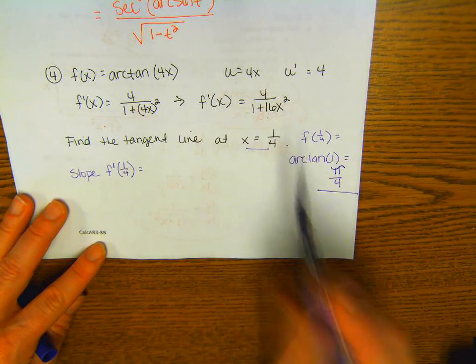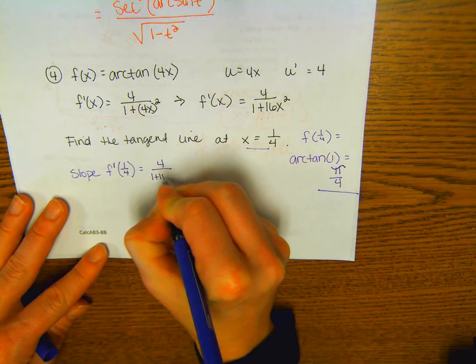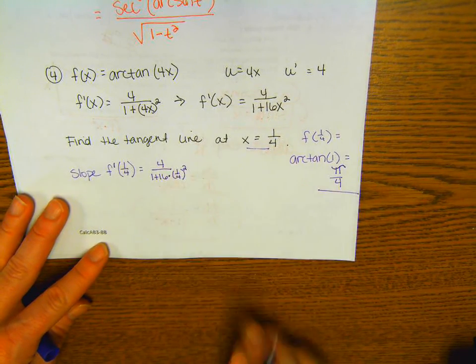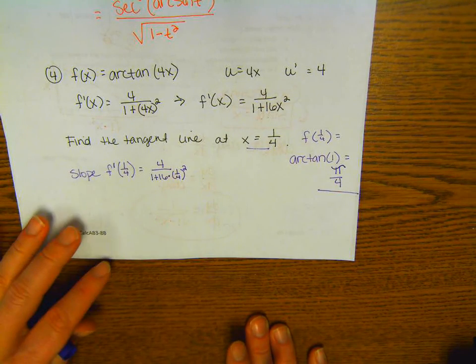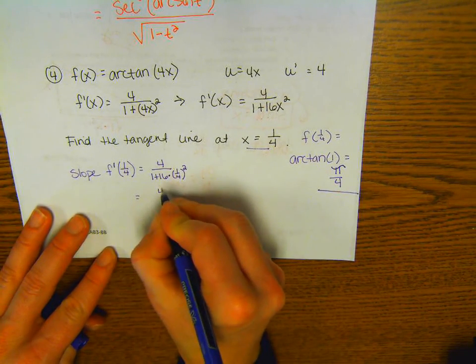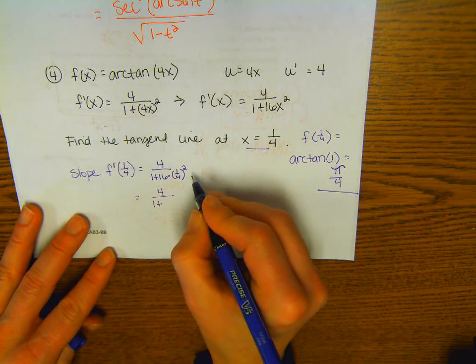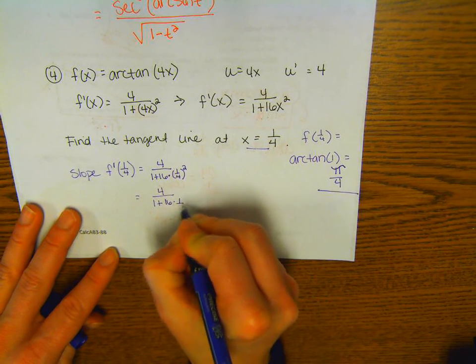So 4 over 1 plus 16 times 1/4 squared. So this works out pretty nicely. Because 1/4 squared is 1 squared over 4 squared, right? So don't we get 16 times 1 over 16 then?